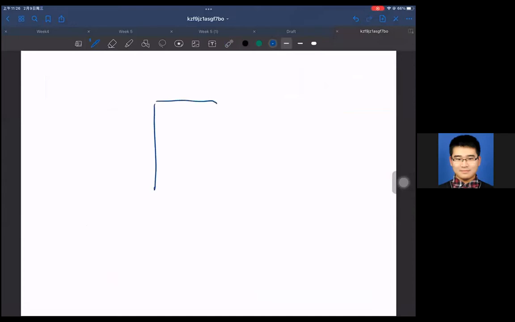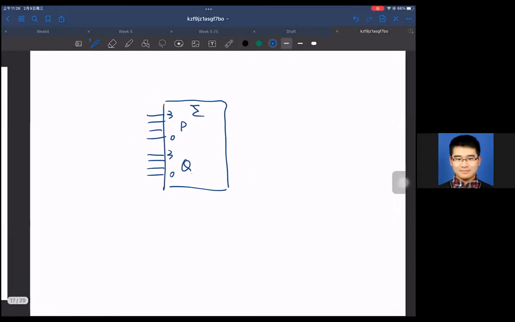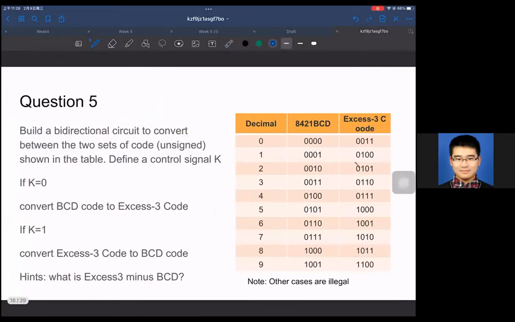I have an adder. Let's say we have an adder with inputs, let's call them P and Q. So we are doing 4-bit P plus Q, 3 to 0, 3 to 0. But if you remember one thing, which is going to cause complications, these are all unsigned numbers. So what do you think we can do?